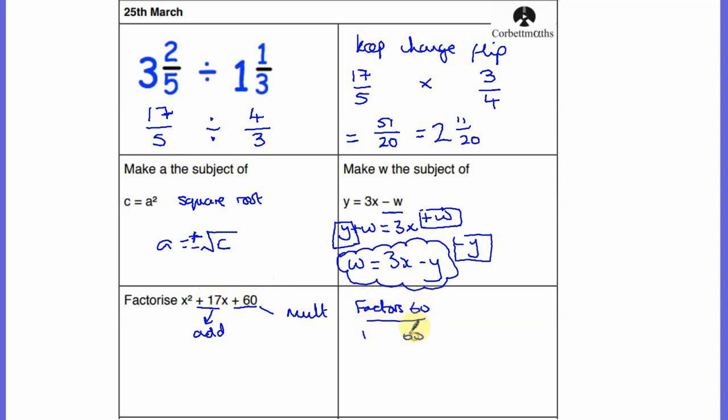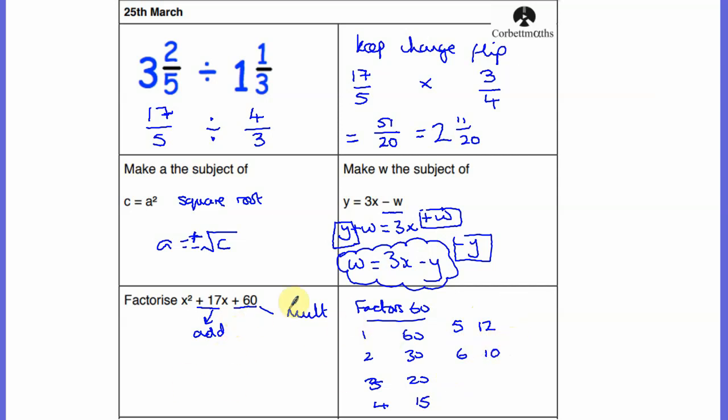So 60 and 1, 2 and 30, 3 and 20, 4 and 15, 5 and 12. Should have known that, shouldn't I? And then 6 and 10.